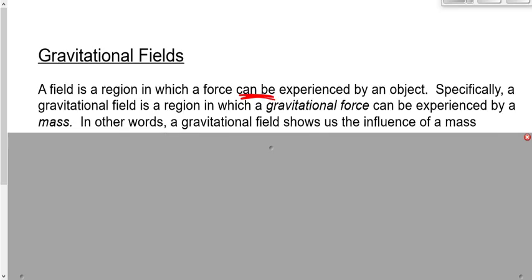So what's the gravitational field surrounding the Earth? Well, it's the region around the Earth where if I put a board marker there, there's a force. If I don't put a board marker there, the force is not there, but the field is. Because you would experience a gravitational force if the board marker was there.